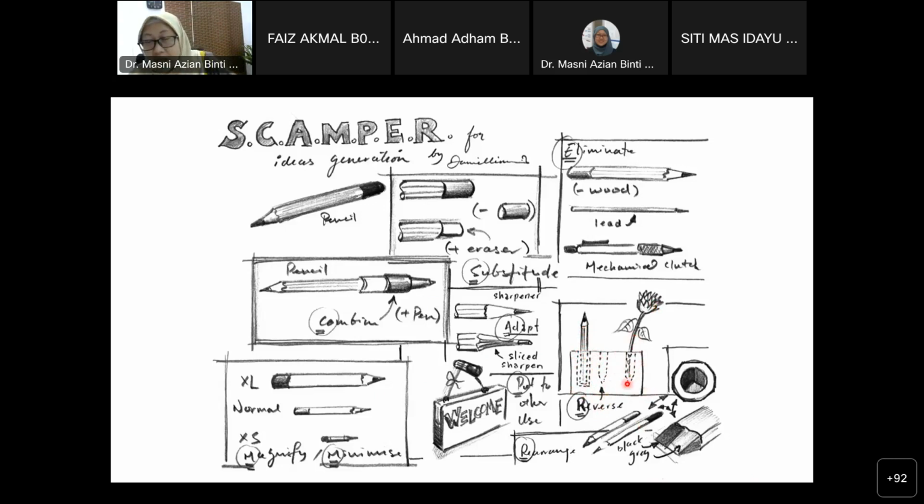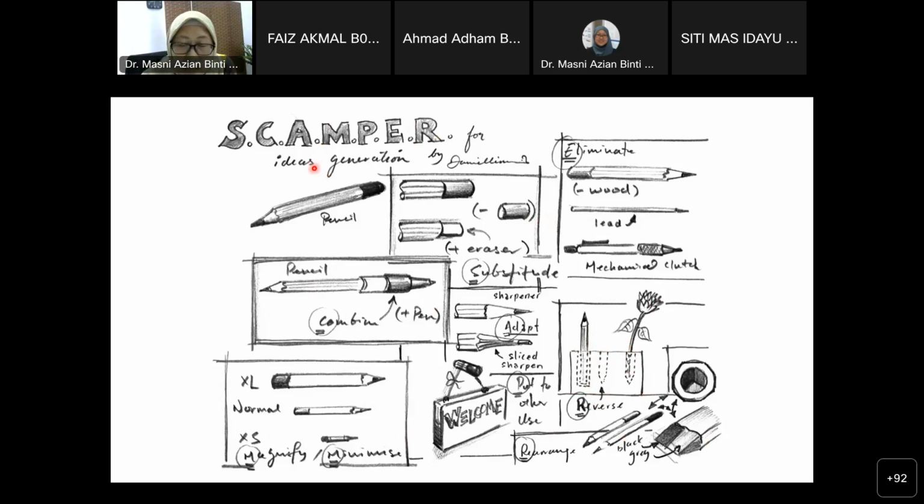So ada banyak, ada pencil yang macam tu, ada juga pencil yang bila you tanam that pencil, dia akan jadi pokok. So that is a reverse engineering. You are like redefining the function of the pencil. And finally ada lagi ke? E. So that is basically R, reverse.